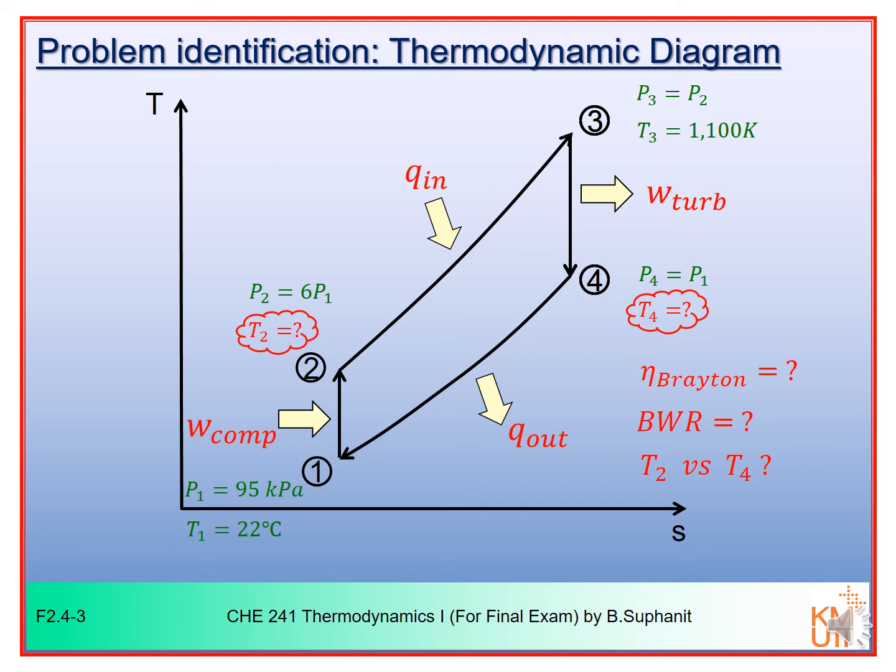We have to start from the point which is fully defined, such as point 1 or point 3, where we know both temperature and pressure, and try to complete the other state unknowns, which are T2 and T4 in this case. After that, the heat and work flow involved in each process step can be determined by mass and energy balances. Finally, we can then evaluate the performance of the cycle we are considering.